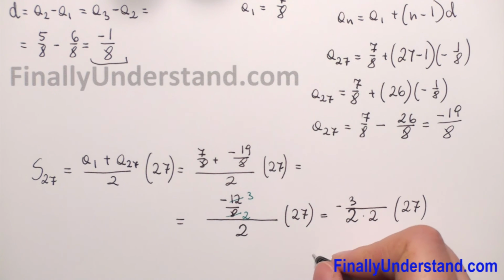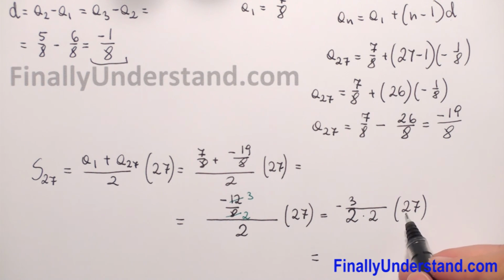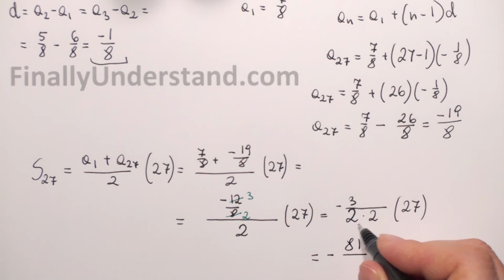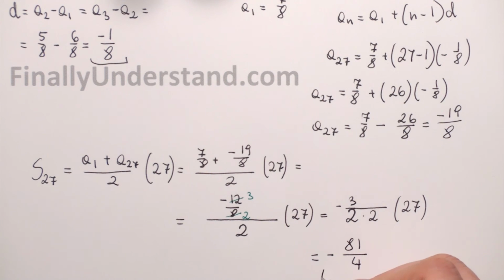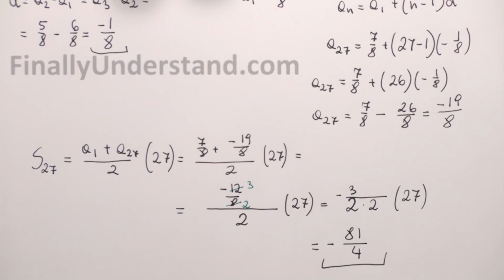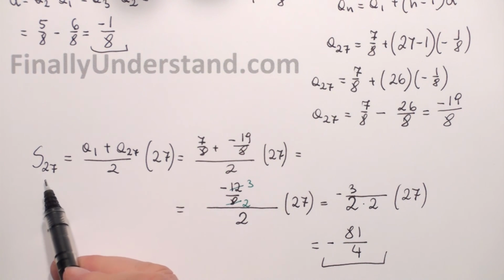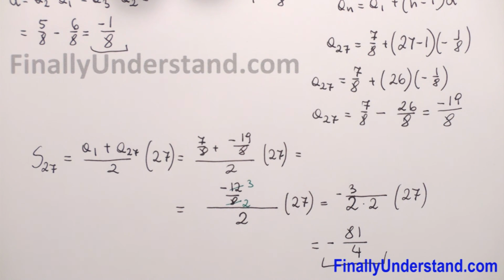So this is equal to, negative times positive gives me negative, 3 times 27 is 81 over 2 times 2 is 4. So this is our sum of 27 terms of our arithmetic progression.